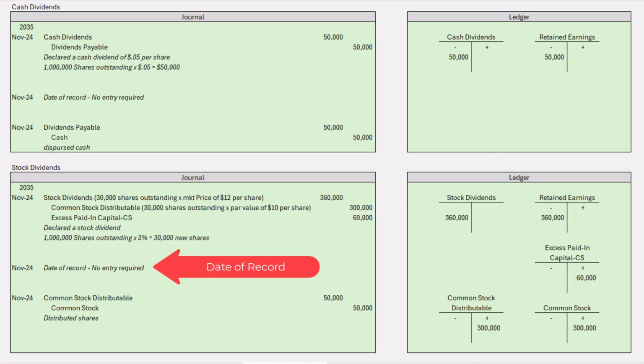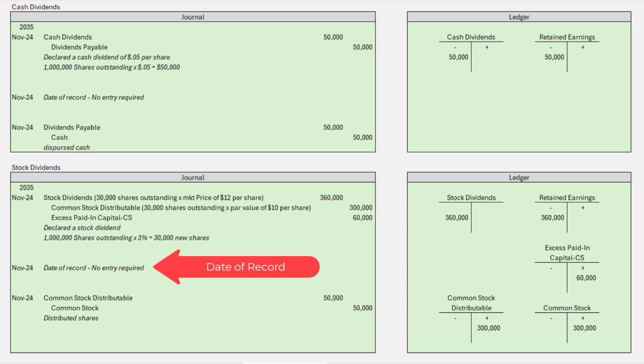Now, if you think about it, this is a lot like a stock split in that there's not going to be any wealth created here. All you're going to do is like have a pizza that you cut into smaller pieces. You'll have 3% more slices of pizza, but you won't have any larger of a company. You won't have any more assets, more employees. Nothing's changed except the number of shares.